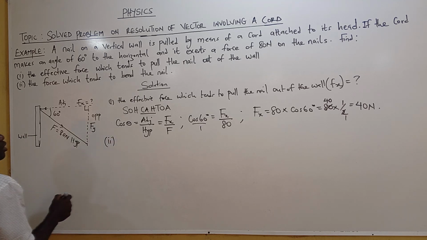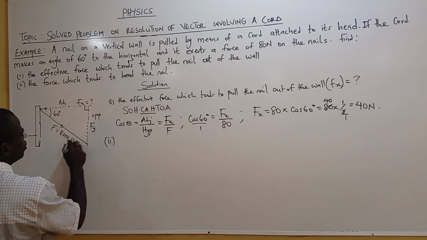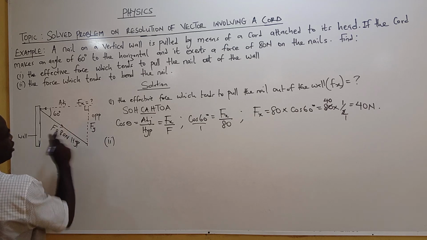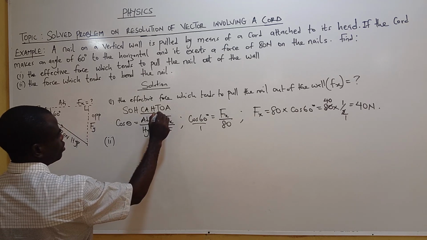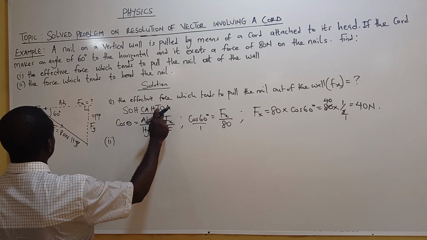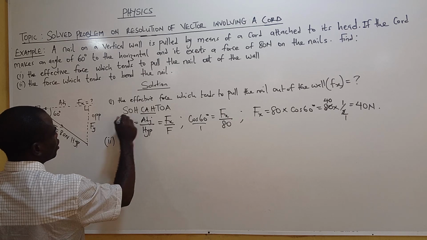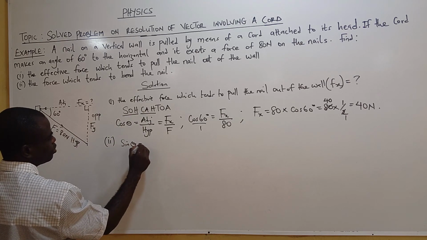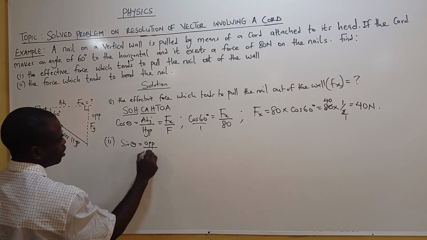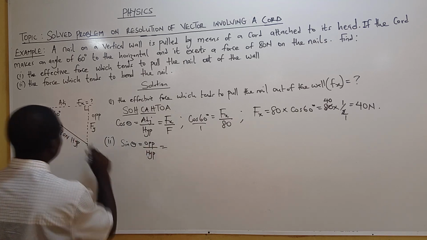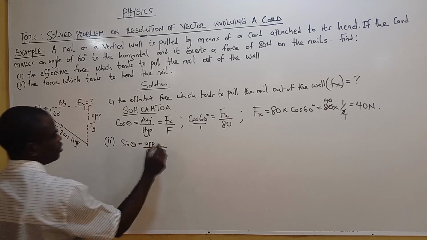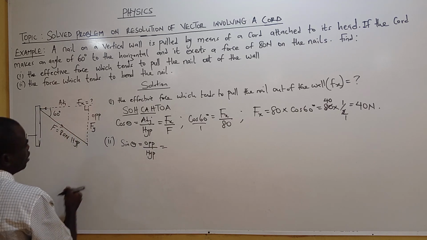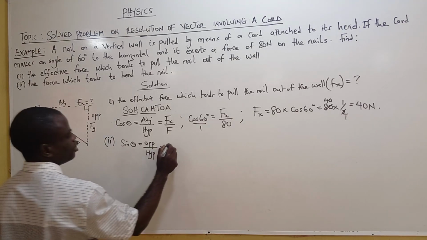Now to get the force to bend the nail, we use opposite and hypotenuse, and make use of sine. Sine theta equals opposite over hypotenuse. What's our opposite? To bend the nail, you pull it down, which is in the vertical direction.